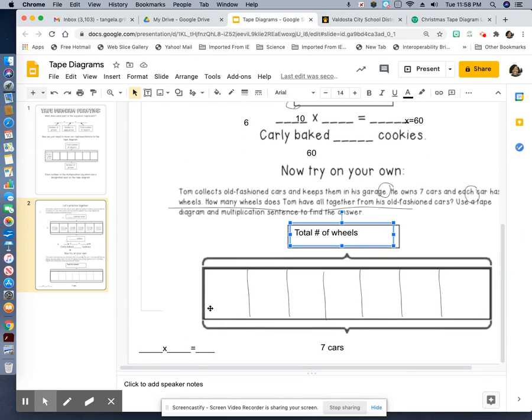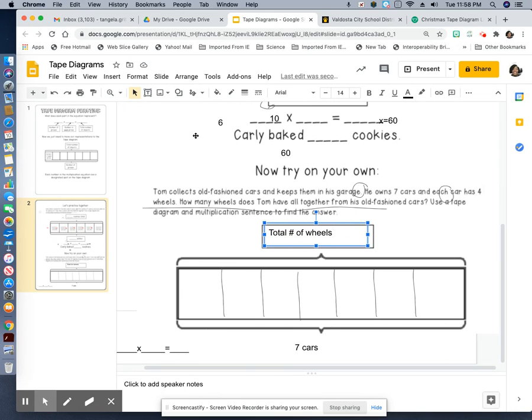We know that each car has 4 wheels. So let's put that here. Each car 4 wheels. Wheels on each car. That's what I could type right there. Let's make this small so it will fit.